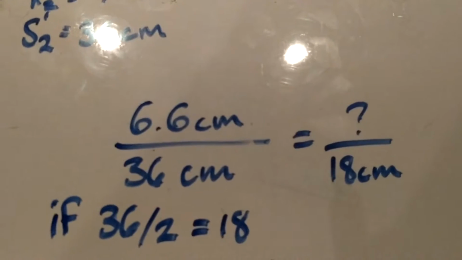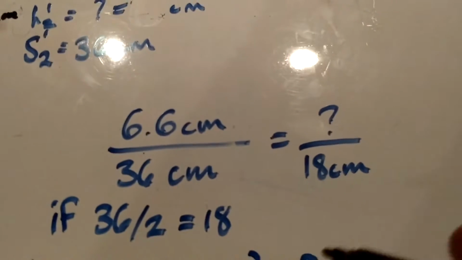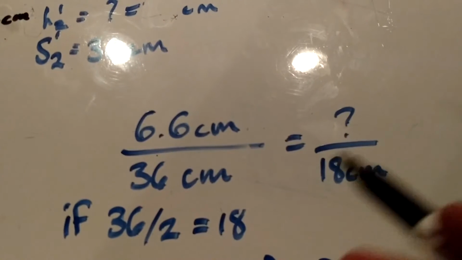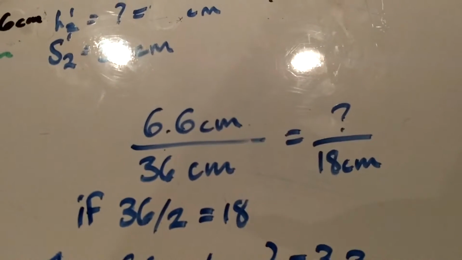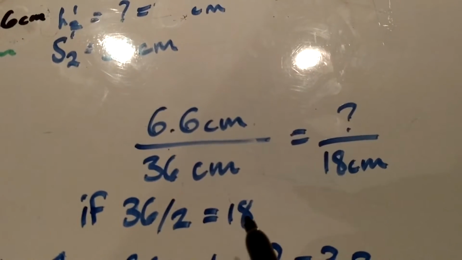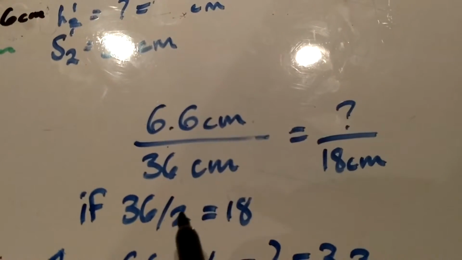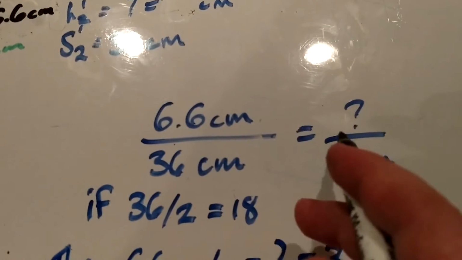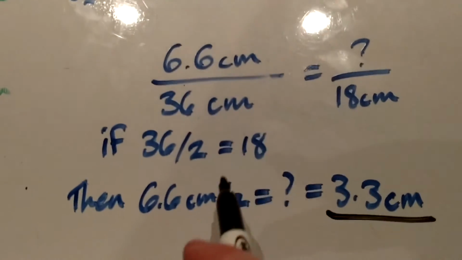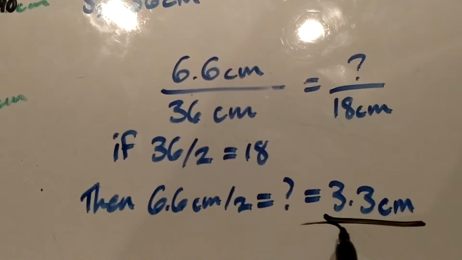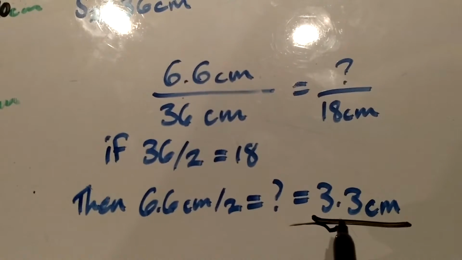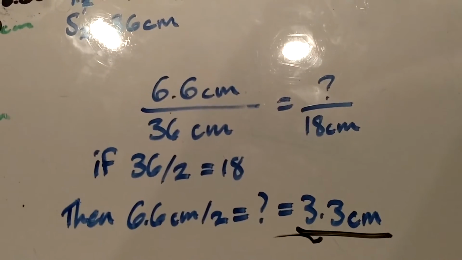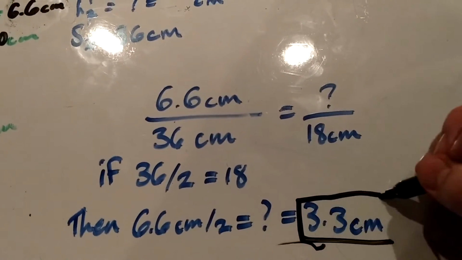So here's another beautiful ratio. It's the exact same routine as the last. If 36 divided by 2 is 18, then we have to divide 6.6 by 2 to keep the ratio balanced. So the height for the image has to be 3.3 centimeters, which gives us B.